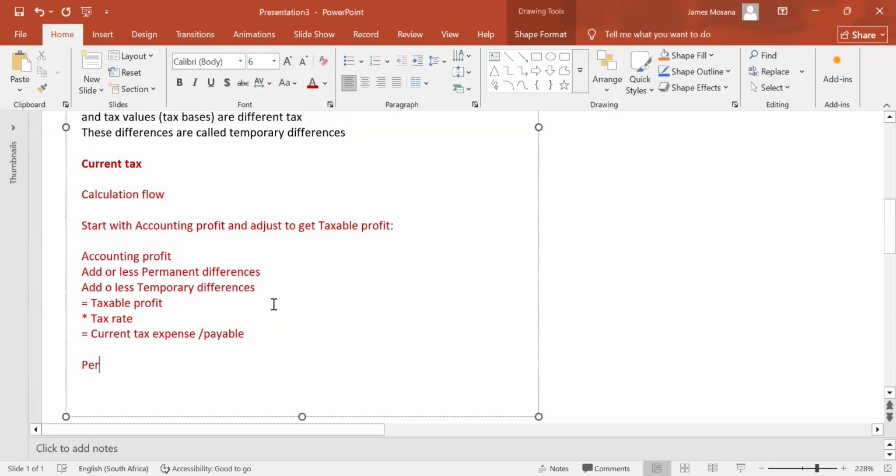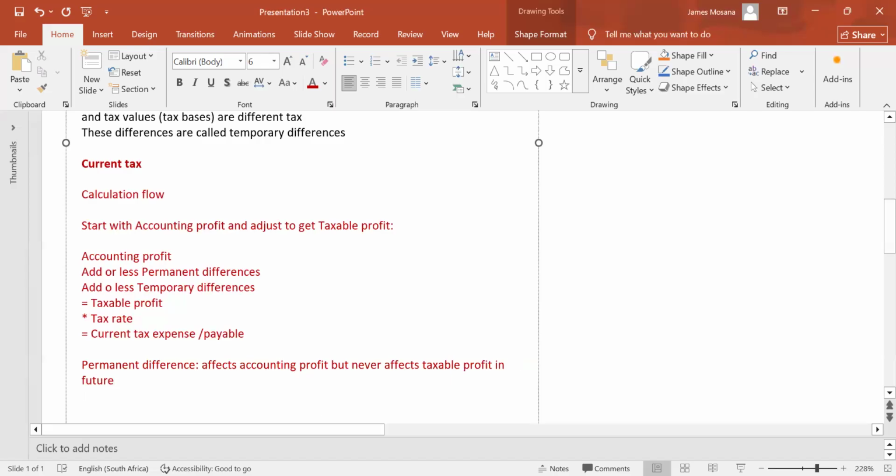So now, when we take a look at permanent differences, here we are talking about items that affect accounting profit, but never affect the taxable profit. Right. And this will not be anywhere near the future.